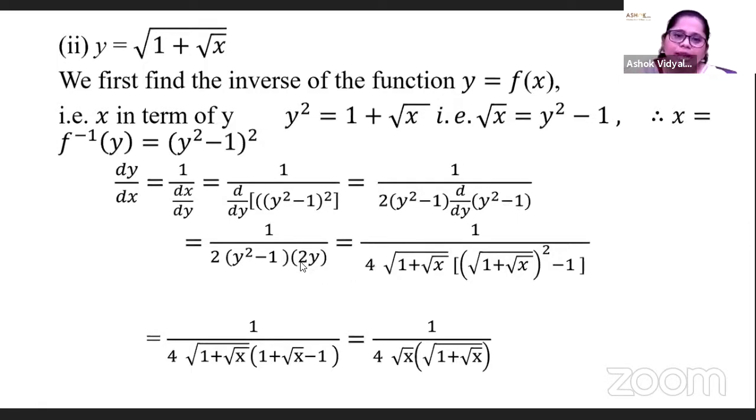Now to multiply, 2 into 2 is 4 and the value of y is under root 1 plus root x, and y square minus 1 in bracket is under root 1 plus root x, its square, minus 1. This is 1 upon 4 times under root 1 plus root x into in bracket 1 plus root x minus 1. The 1 gets cancelled. The answer is 1 upon 4 root x into under root 1 plus root x. This is the dy by dx.